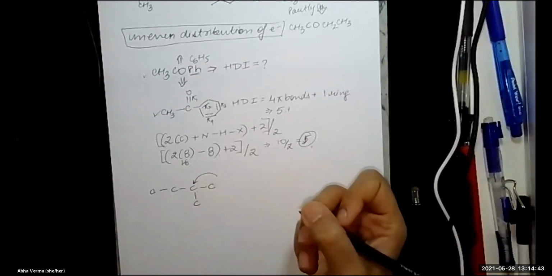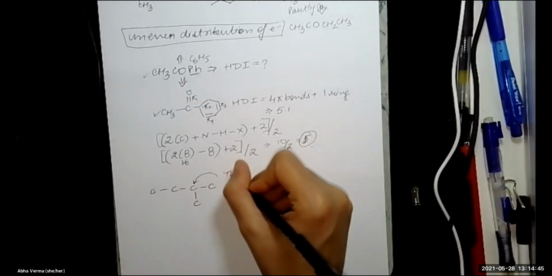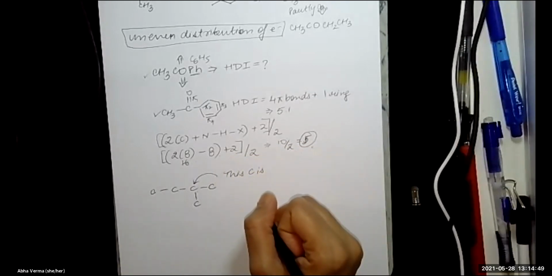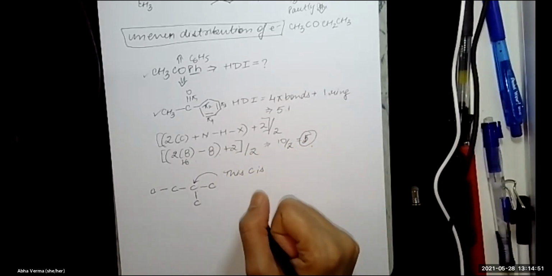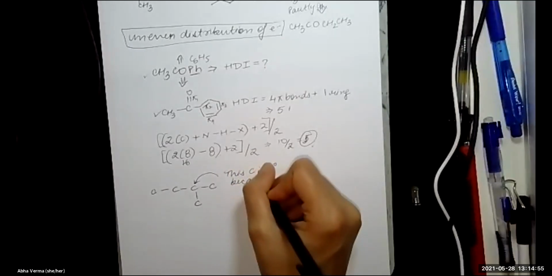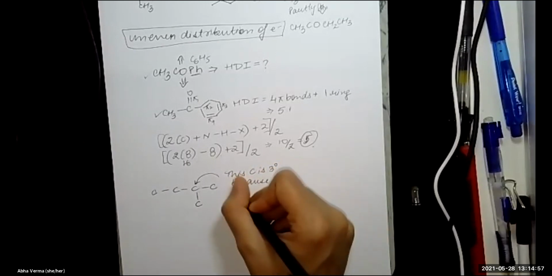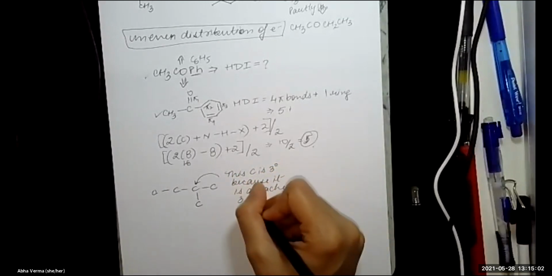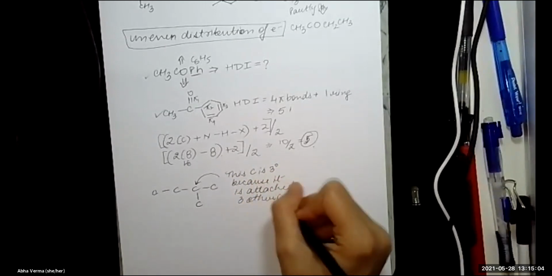This carbon, what is the classification of this carbon? Primary, secondary, tertiary, or quaternary? Tertiary. Why? Because it is attached to 3 other carbons, right?